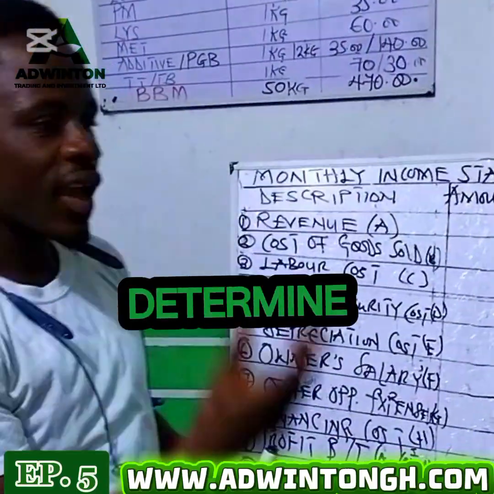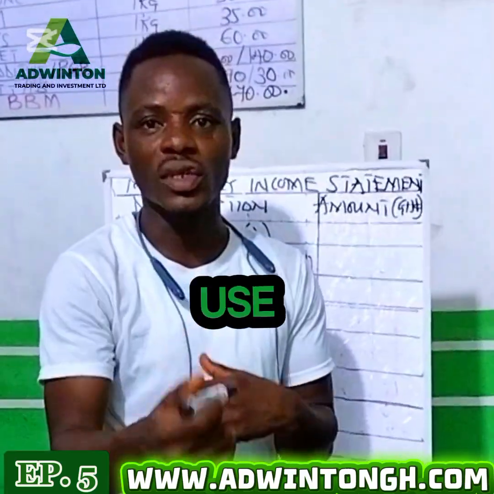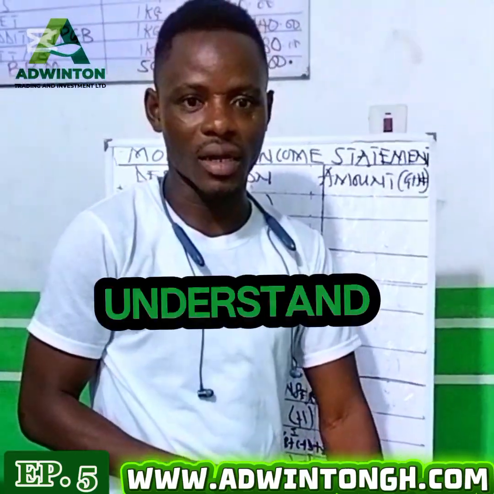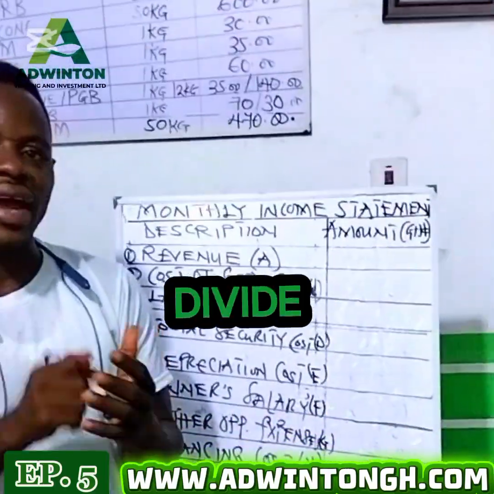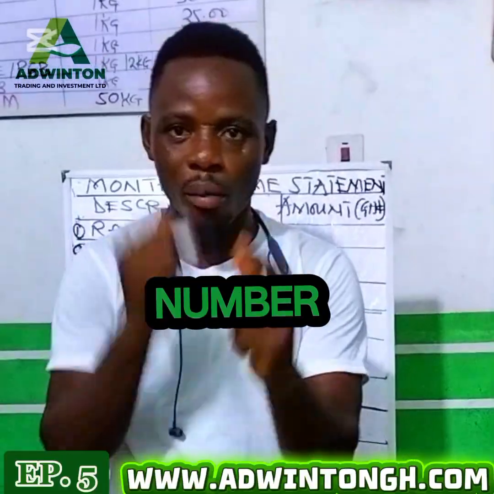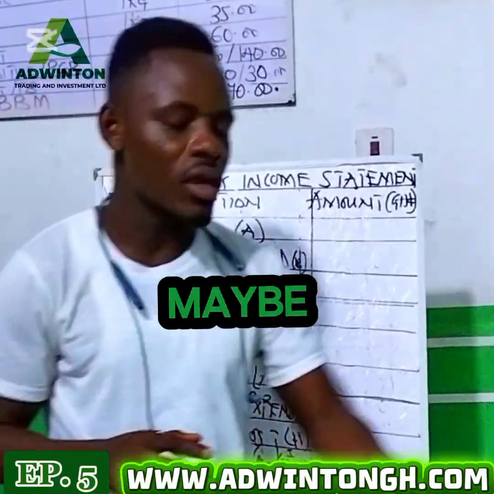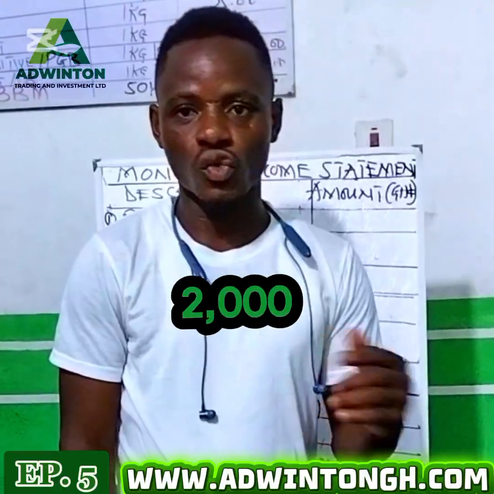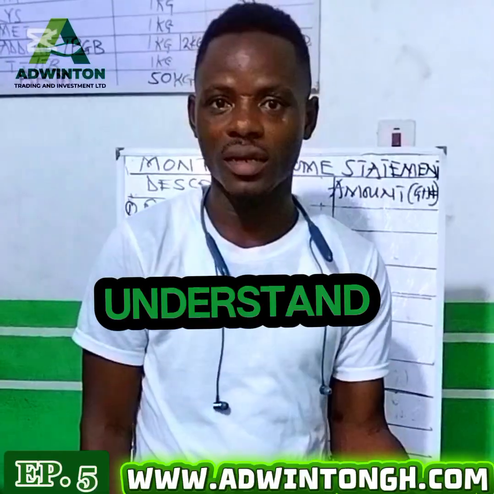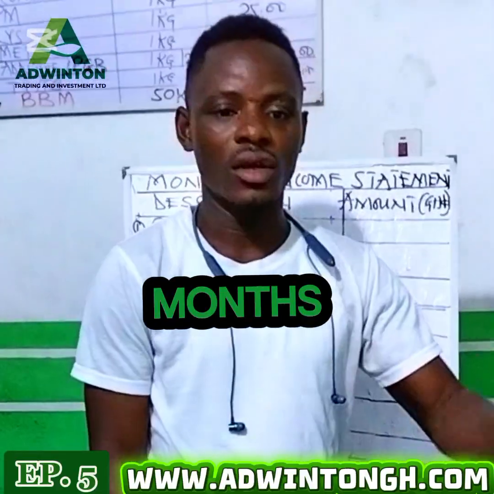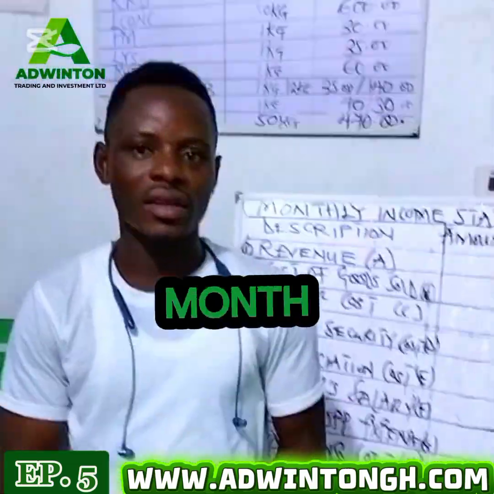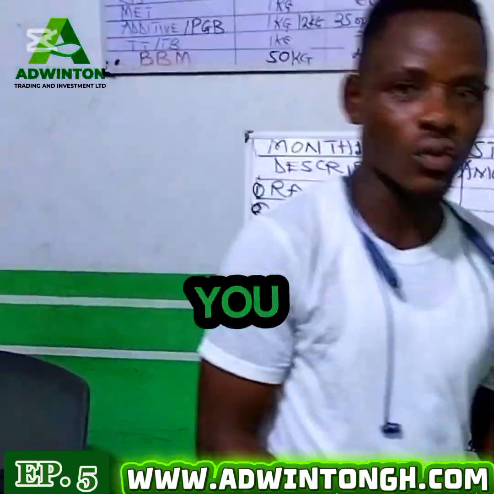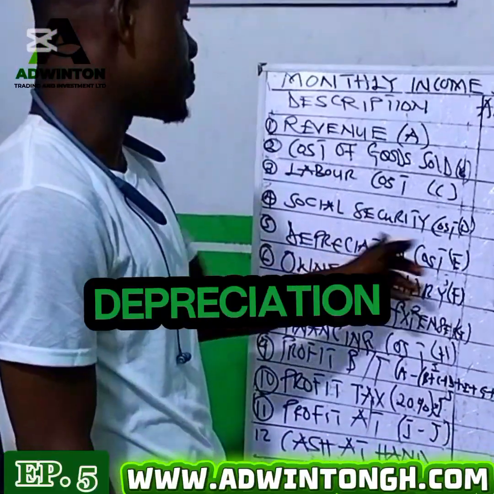So you determine how long you are going to use that particular fixed asset, and you divide that value by the number of months that you are going to use it. So for instance, that laptop costs you 2,000 cedis, and you are going to use it for 10 months. So you divide the 2,000 by 10. It means that every month, how much is it going to cost you? That one becomes your depreciation cost.